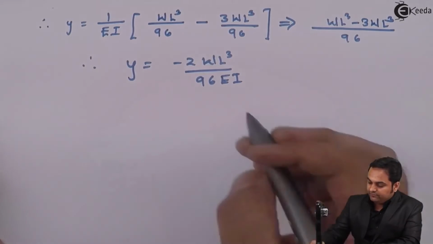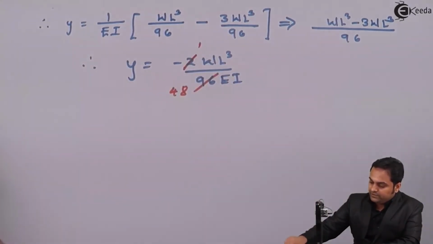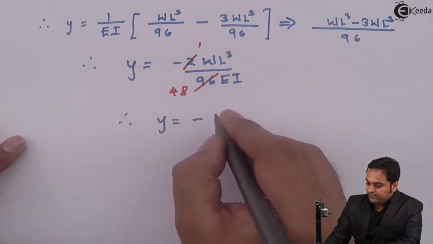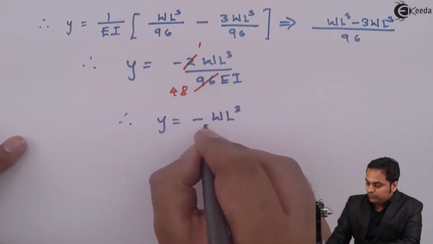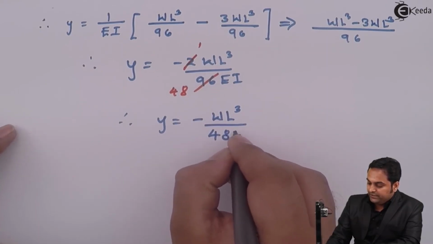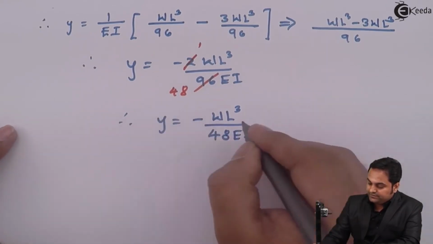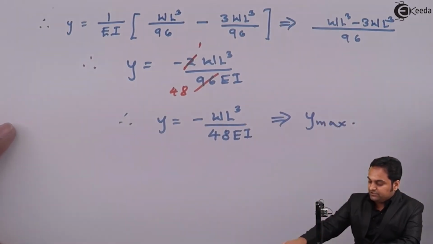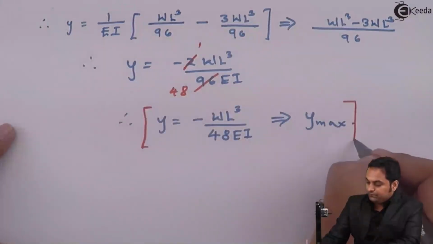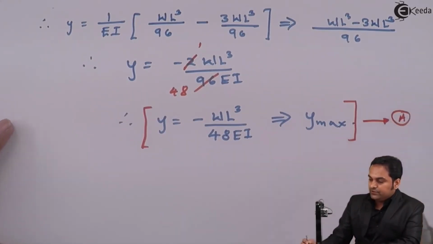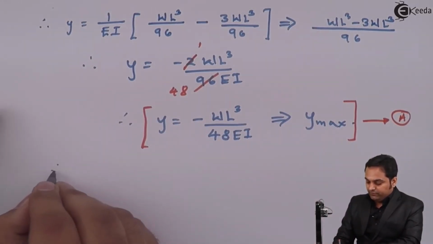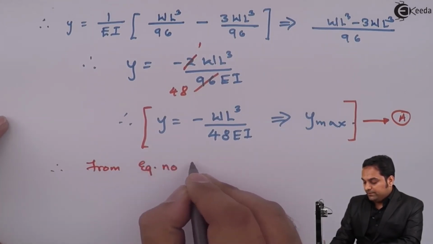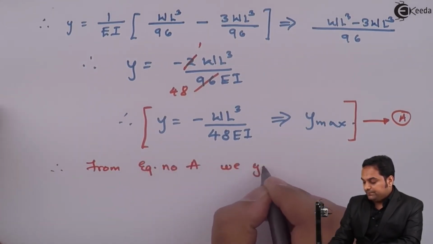So here we have the value as, after cancellation, y is equal to minus wL cube upon 48 EI, and this deflection which we are getting, that is nothing but maximum deflection. So here I'll say that this is equation A.